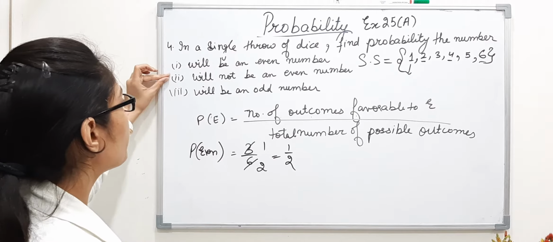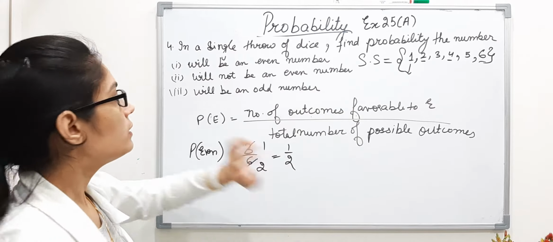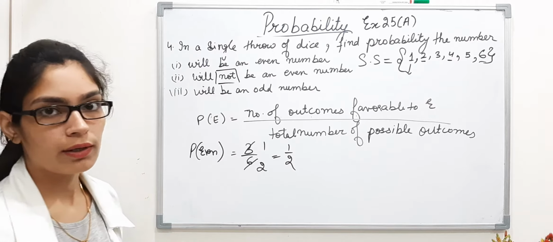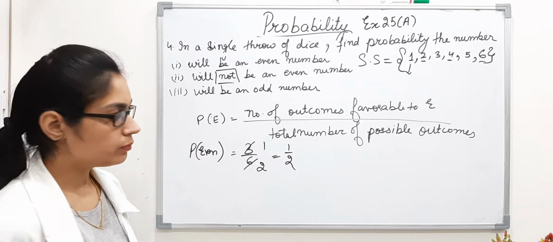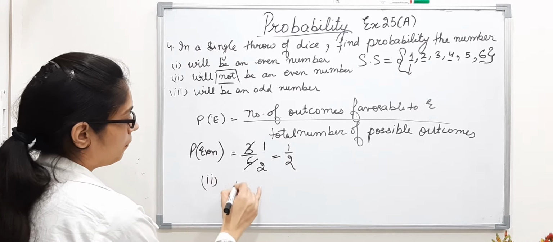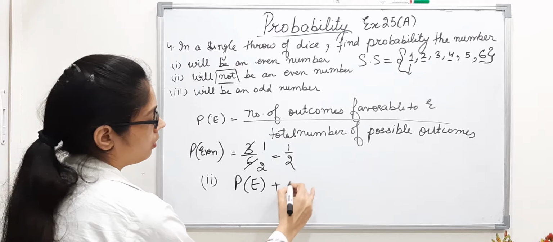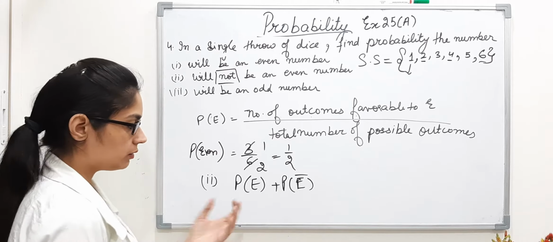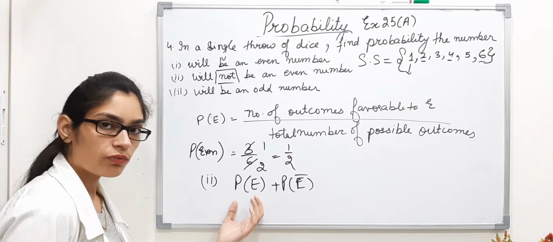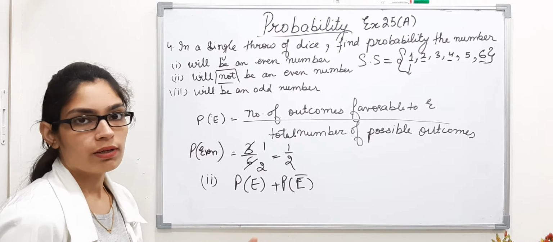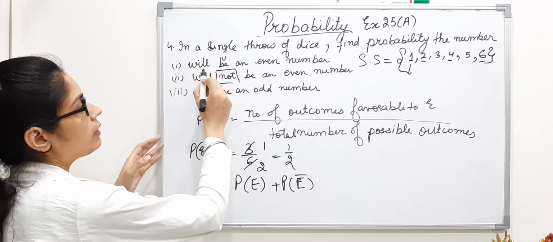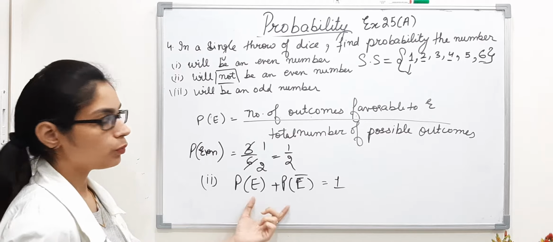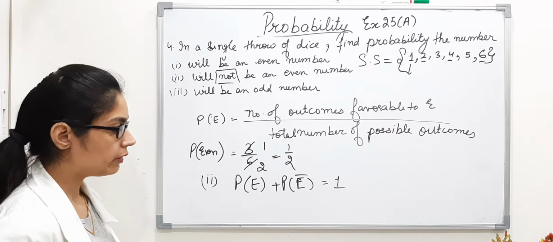Now the next part is will not be an even number. See, both are the same, only the word not has been added. And I've already told you, whenever such questions come, just apply the probability of complementary events, because I know that the sum of event and not event is always 1. It's an even number, not an even number, so both of these form a set of complementary events.